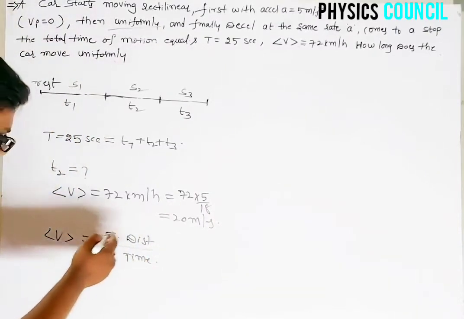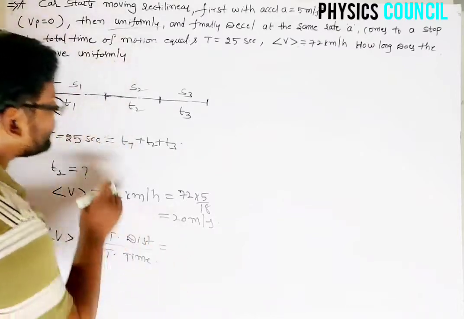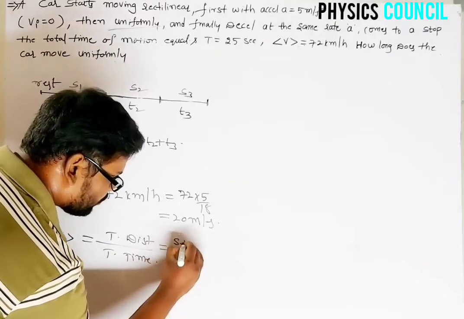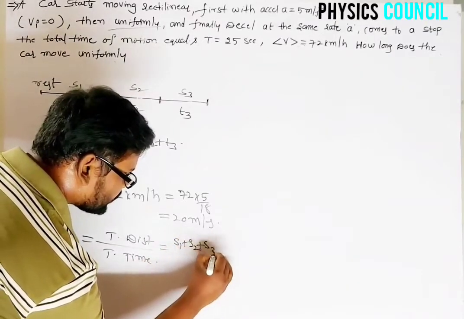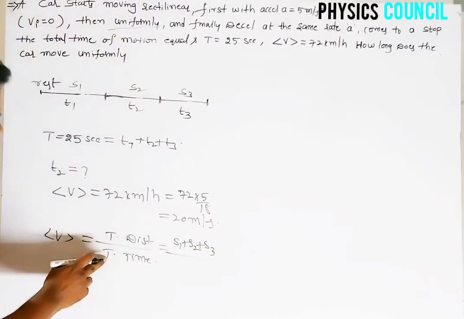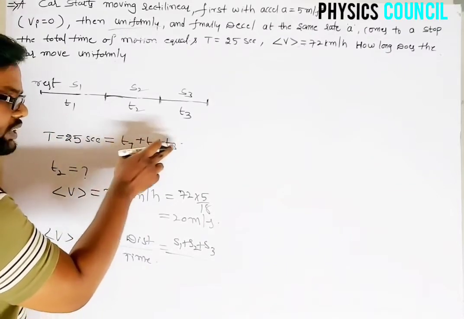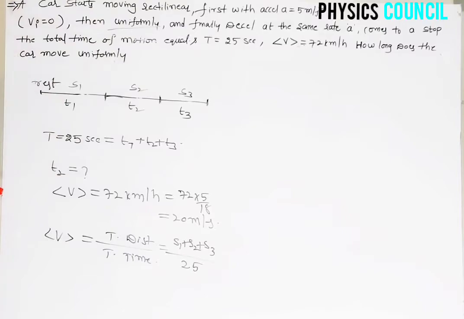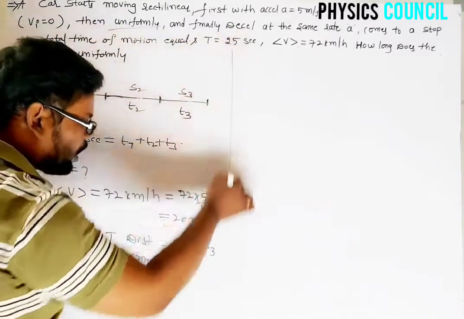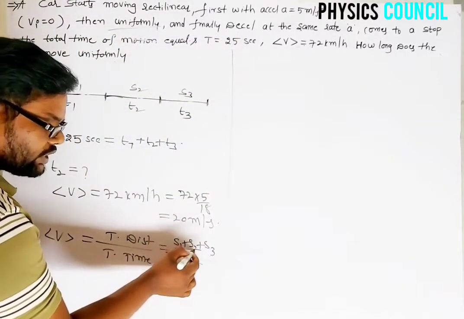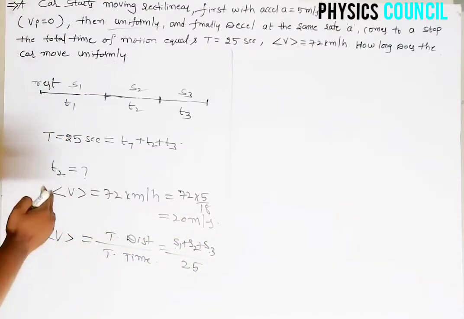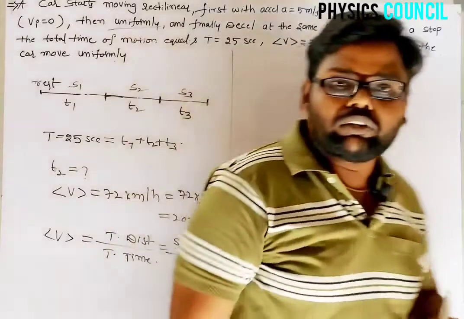Total distance means s1 plus s2 plus s3, and total time means t1 plus t2 plus t3, that means 25 seconds. So we need to find the s1, s2 and s3 values, and after that we are able to find the t2 value.